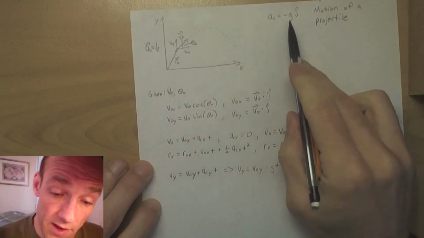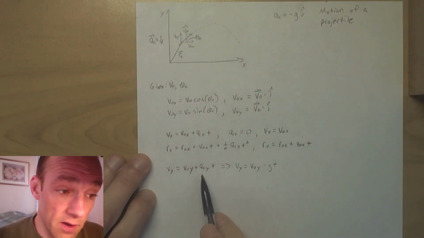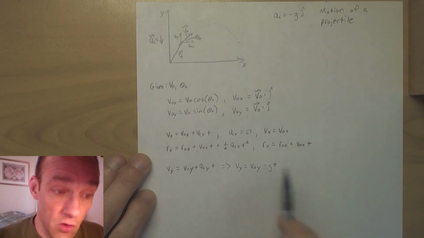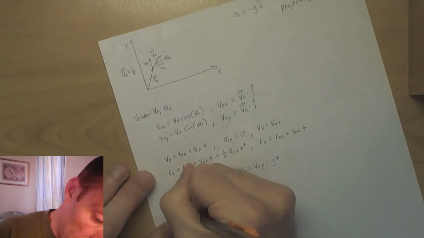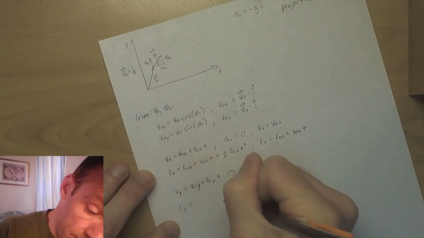Substituting the y component of acceleration in just gives us that. All right, and then the position with respect to y.